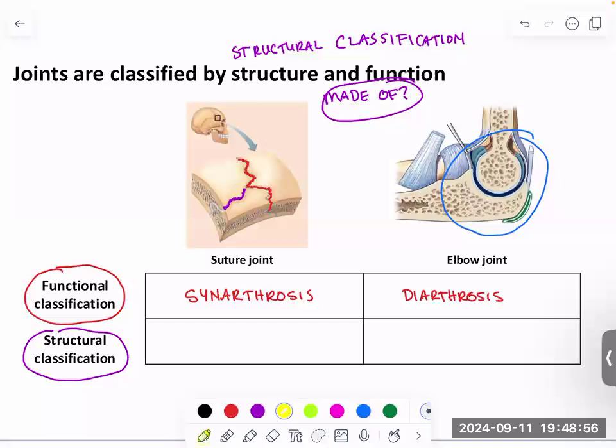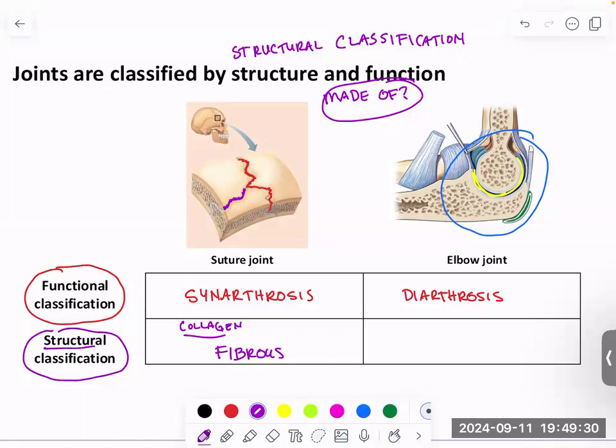They're made of these fluid-filled sacs. If it's made of collagen, we call that a fibrous joint. Fibrous, because it's made of collagen fibers. That is the structural classification.